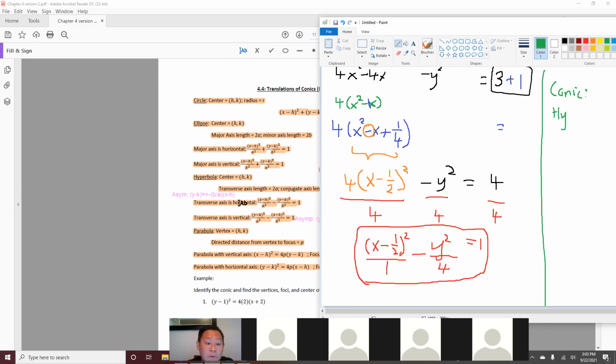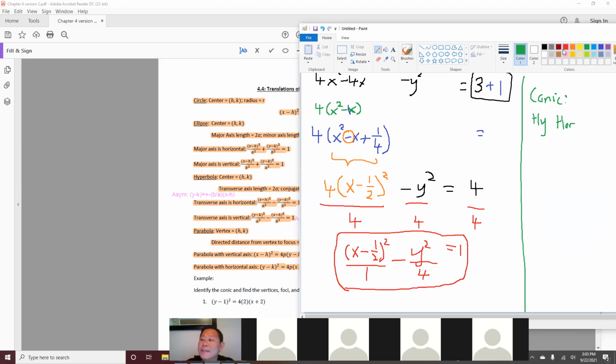Is that a horizontal one or the vertical one? Horizontal. Because your x is positive, which is very similar to this one. So this is actually the horizontal one. Okay, so it's a hyperbola with a horizontal axis.